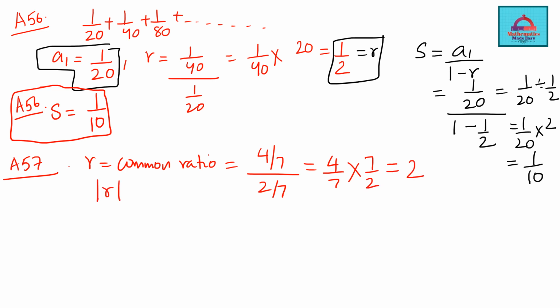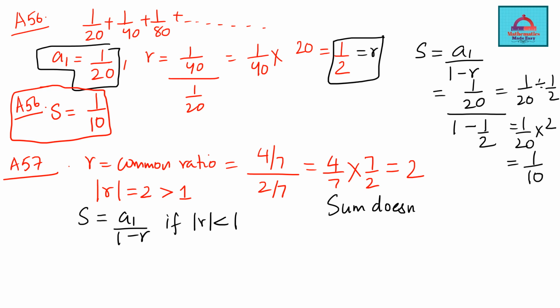Now absolute value of R is 2, which is more than 1. This is not allowed. For the sum to exist for the infinite series, for the formula S equal to A1 over 1 minus R, this is valid if absolute value is less than 1. So we can say the sum does not exist.